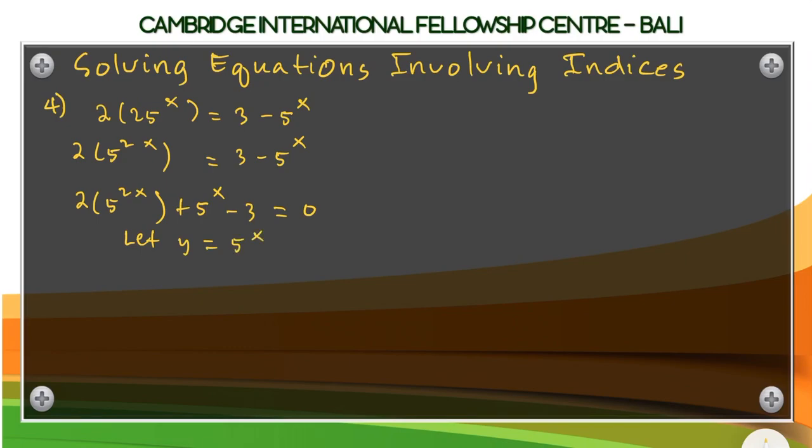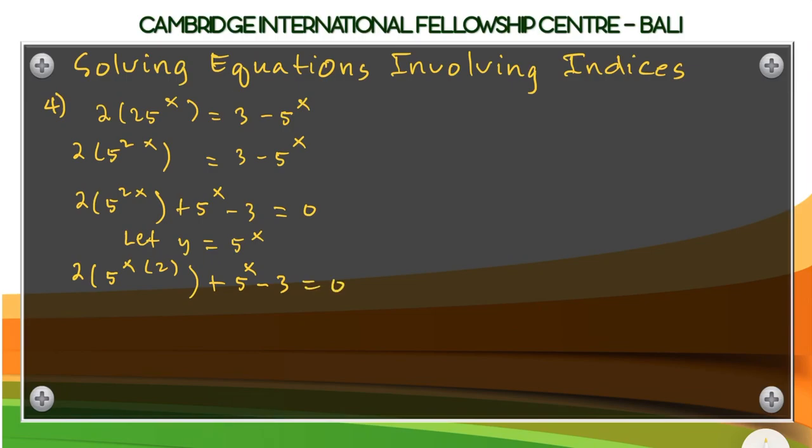Let y be equal to 5 raised to x. So this is 2 times 5 raised to x. I want you to see the 5 raised to x there. Plus 5 raised to x minus 3.